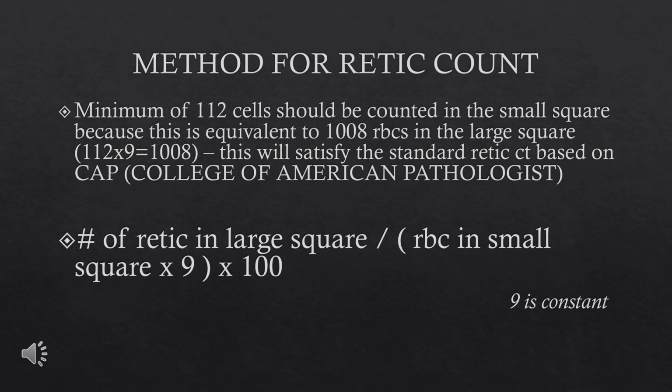So if you use this method, this will satisfy the standard reticulocyte count based on CAP, or the College of American Pathologists. The formula here is your number of reticulocytes counted in the large square over the red blood cells in the small square, multiplied by 9, times 100.